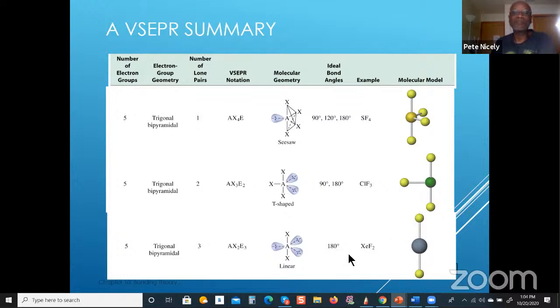An example of this would be xenon difluoride, and this is the molecular model representation for that molecule. Those are basically the types of molecules and the shapes that would accompany situations where you have 5 electron groups around the central atom.